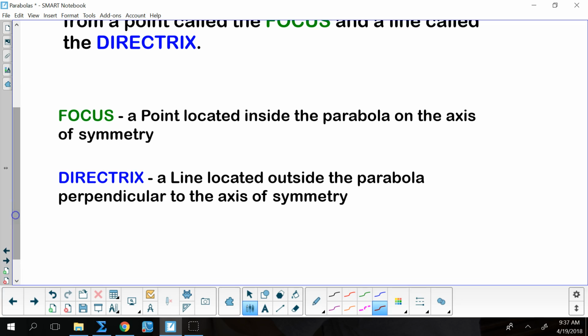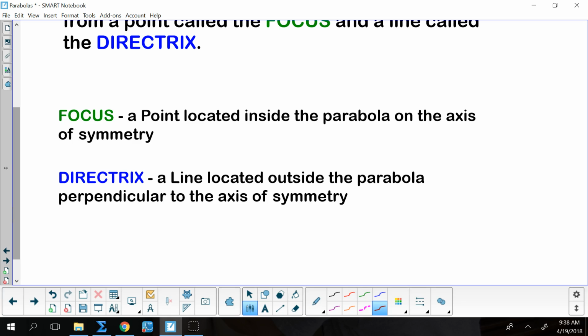So, the focus is a point located inside the parabola on something called the axis of symmetry. The axis of symmetry is the line that runs through the focus and is perpendicular to the directrix. Okay? That is the axis of symmetry.